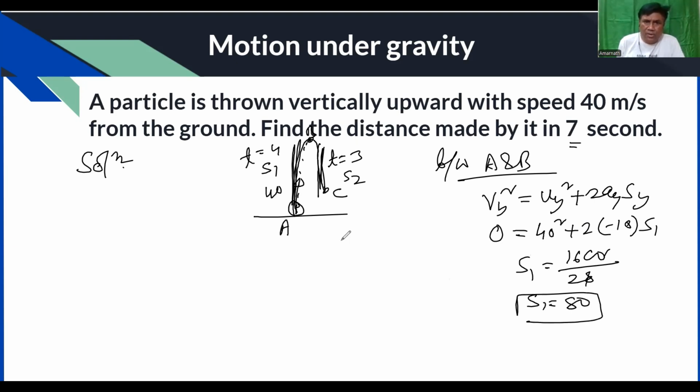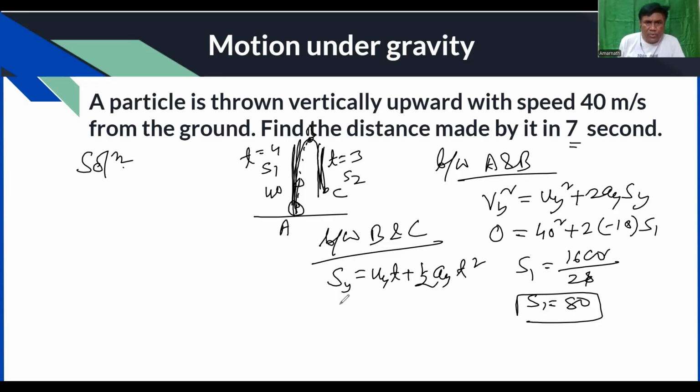Now the particle will fall down. So between B and C, I am applying the formula Sy equal to Uy t plus half Ay t square. So Sy is S2, but initial velocity is again 0. You can take plus 10 also, no issue. But time will be 3 seconds only, because out of the 7, 4 seconds are already gone.